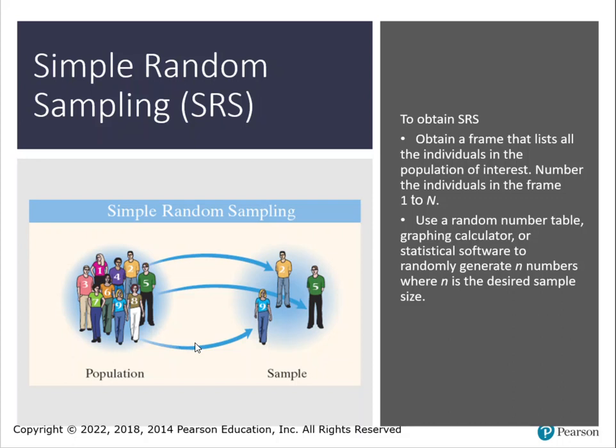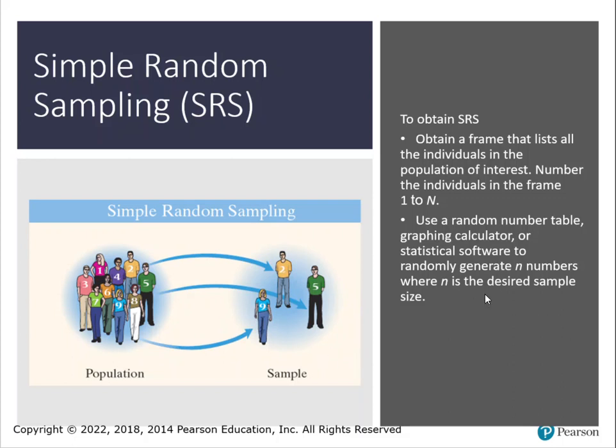And from the frame, we randomly choose however many numbers I need for my sample. I would randomly generate or choose numbers to create the sample size. You can see here that we are randomly choosing the numbers 2, 5, and 9, and those are the people then that would be chosen for this sample.